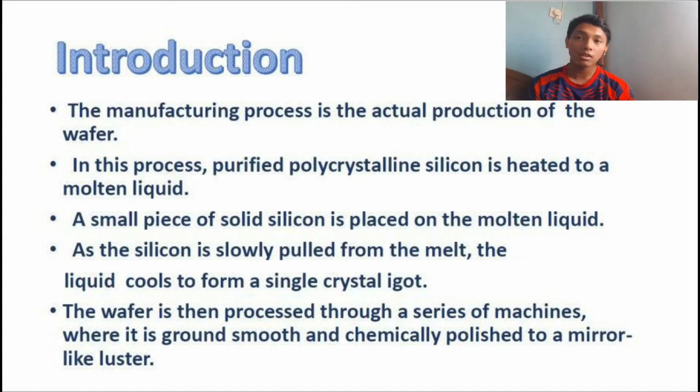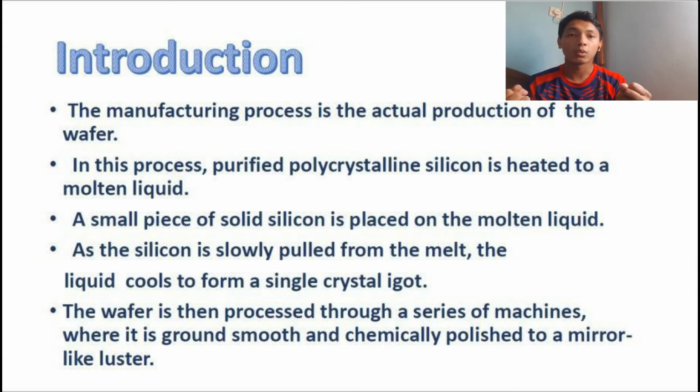As the silicon is slowly pulled from the melt, the liquid cools to form a single crystal ingot, and then the wafer is processed through a series of machines where it is ground smooth and chemically polished to a mirror-like luster.